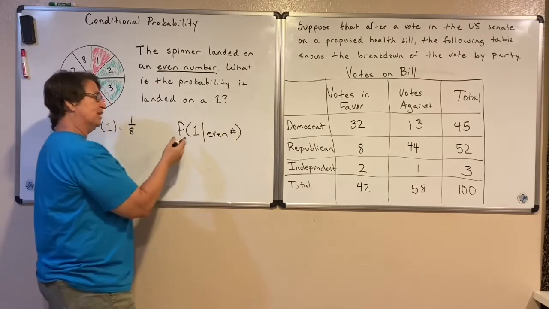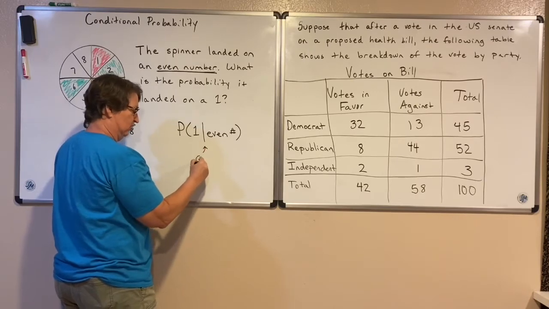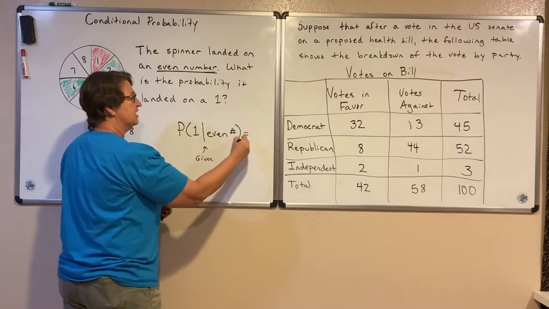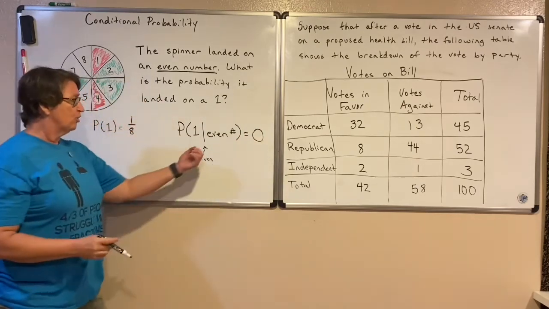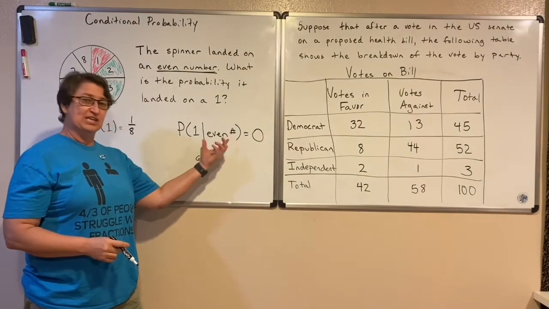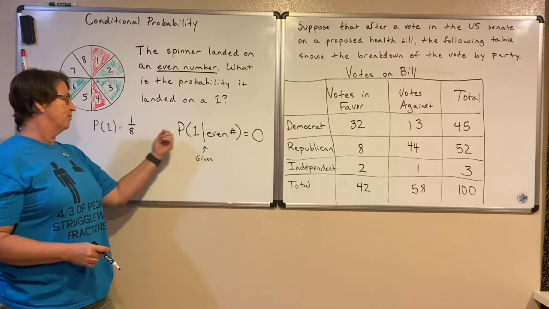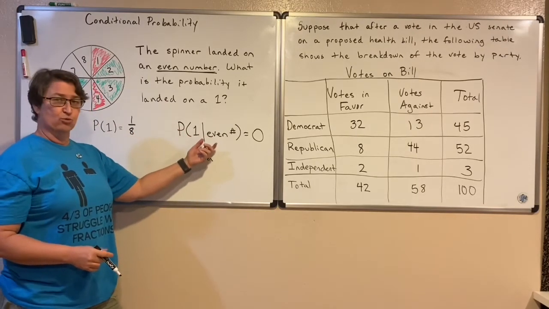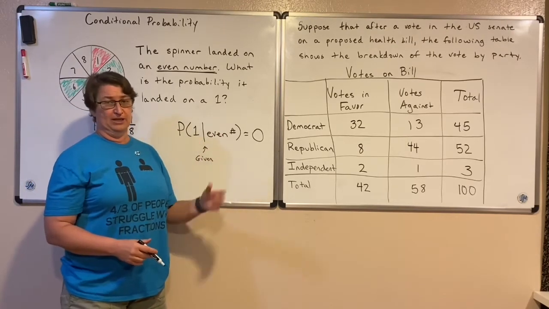Well, the probability that it lands on a 1, given, that little line means given that it landed on an even number, was 0. So when we had this information, it changed our probability from 1/8 to 0. And we call that conditional probability.